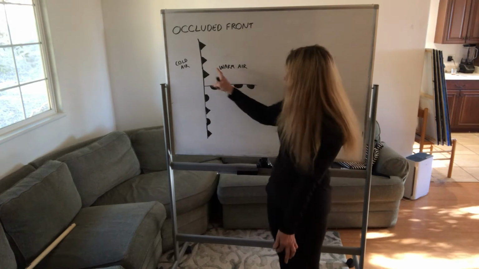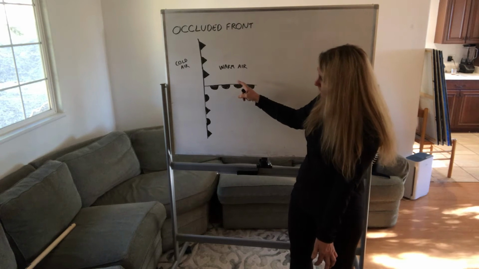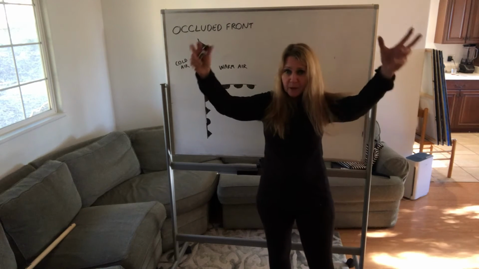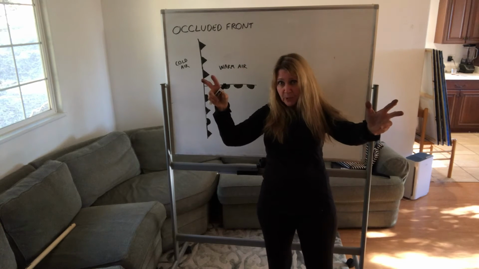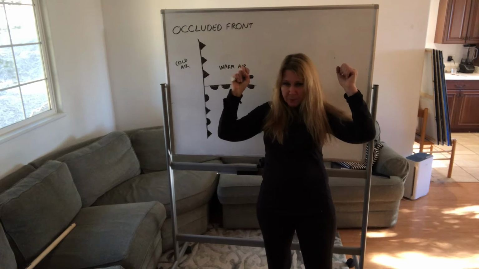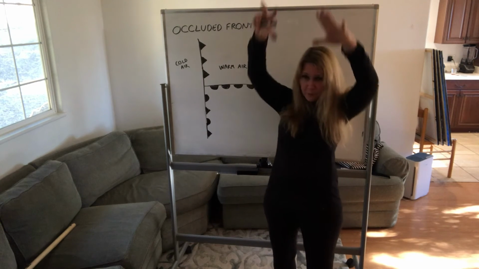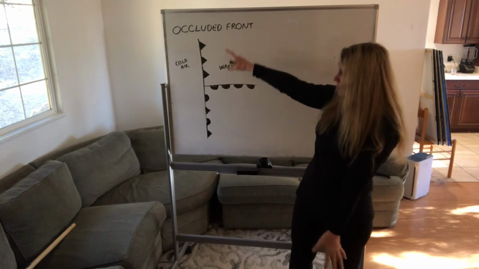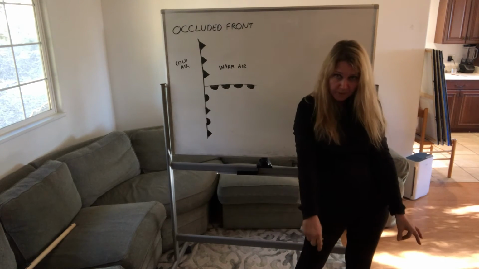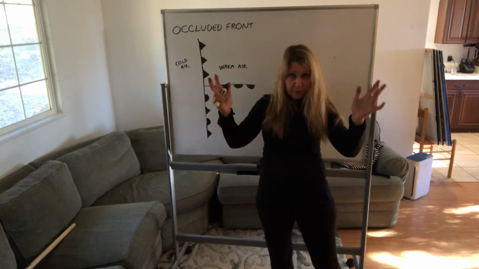The cold air and warm air come in, the cold air is moving faster, so it pushes the warm air, the warm front, up, and that is what's called an occluded front. And during this time, it usually produces a lot of rain.